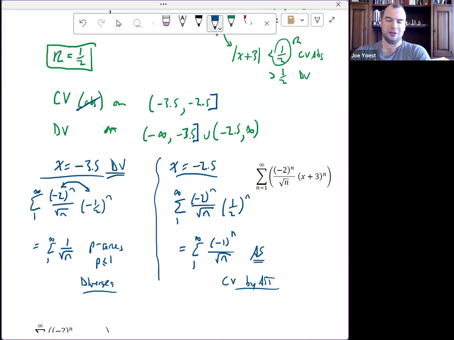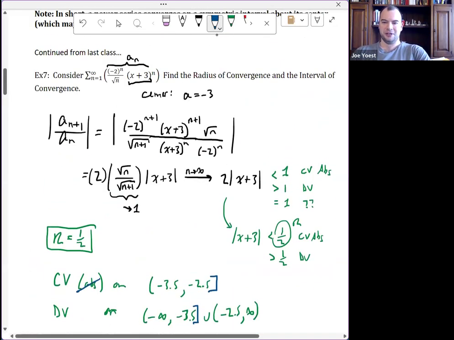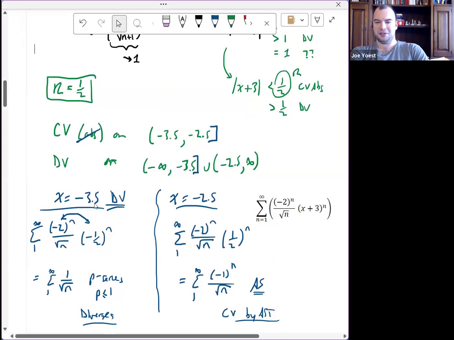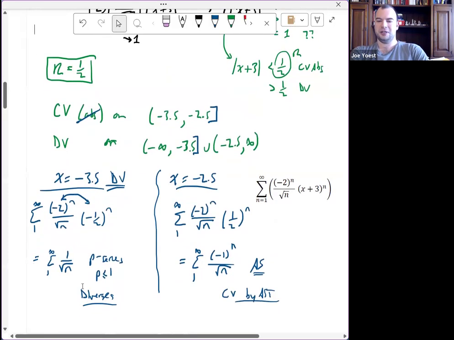So we use the ratio test to do, in some sense, most of the heavy lifting, but that often can feel like the shorter part of the problem. The longer part of the problem, the greater effort on our part, is to handle just a couple of points here, as that's often the case.